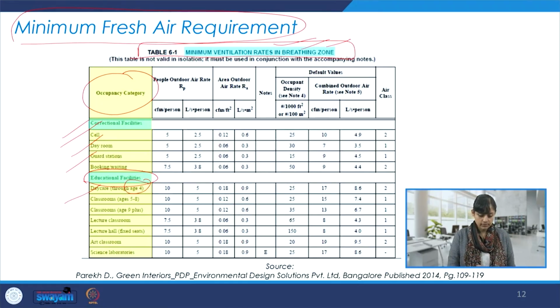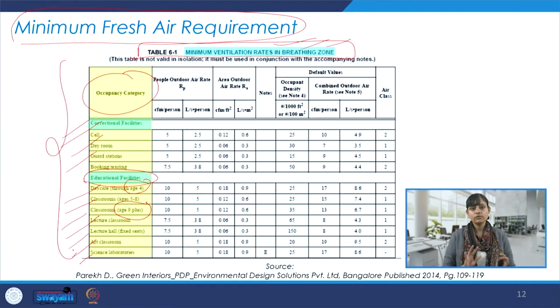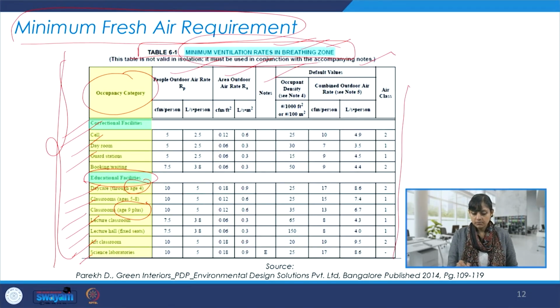So age 4, classrooms ages 5 to 8, classrooms for ages 9 plus, lecture classrooms, lecture halls, art classrooms, science laboratories. So for all of these facilities and for all of these different occupancy categories, there are ways to calculate and have this kind of a reference and understand what would be the minimum ventilation rates in breathing zone and what are the minimum fresh air requirements.